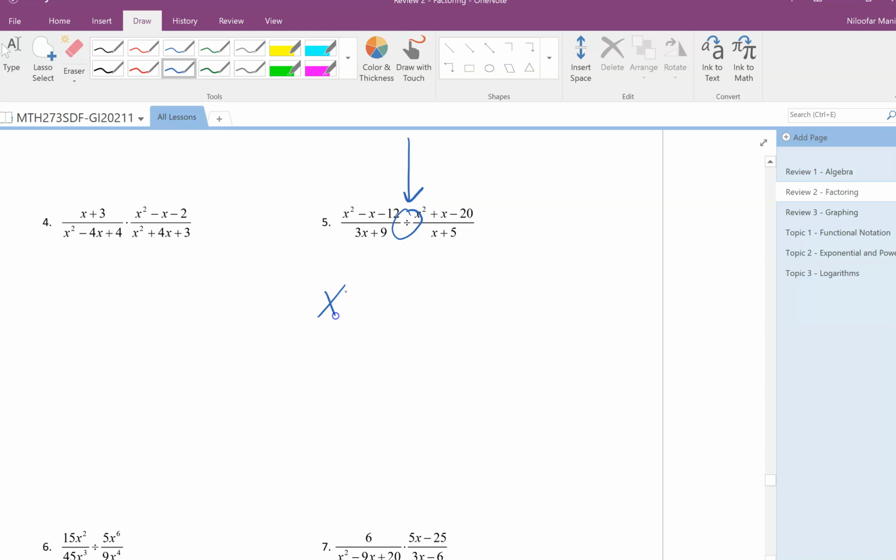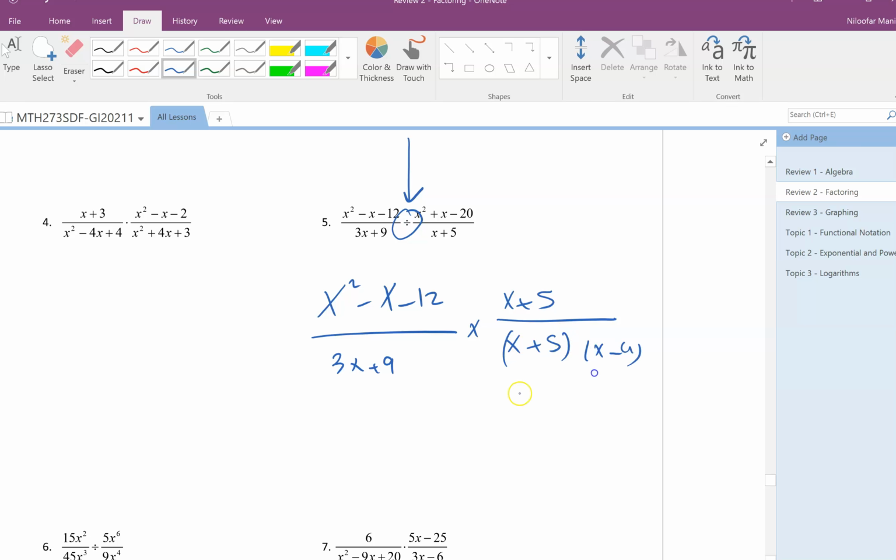So x squared minus x minus 12 over 3x plus 9 multiplied by x plus 5 divided by x plus 5 times x minus 4.